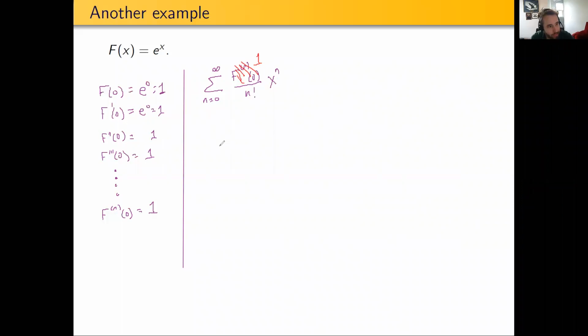And so what we get as a result is our Maclaurin series for e to the x, the sum as n goes from 0 to infinity of 1 over n factorial times x to the n.